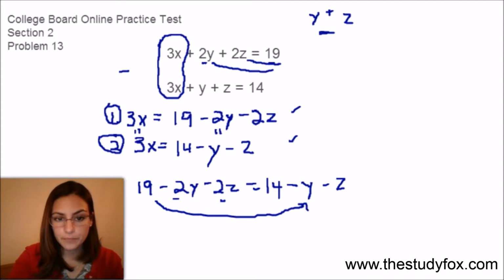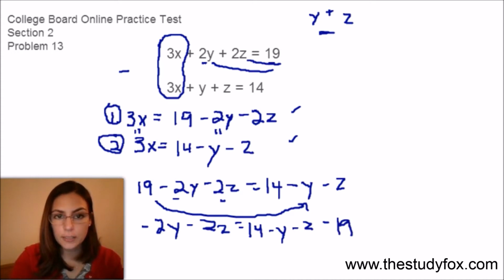So we have negative 2y minus 2z equals 14 minus y minus z minus 19. So basically I just subtracted 19 from this and from this side, so it crosses out on the left side of the equation and it only stays on the right side of the equation.